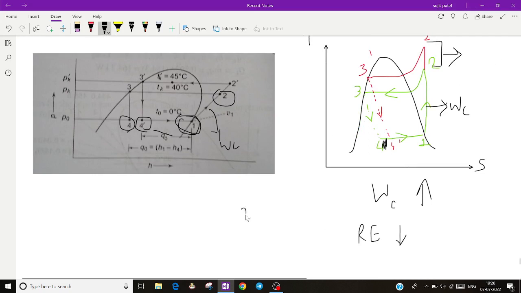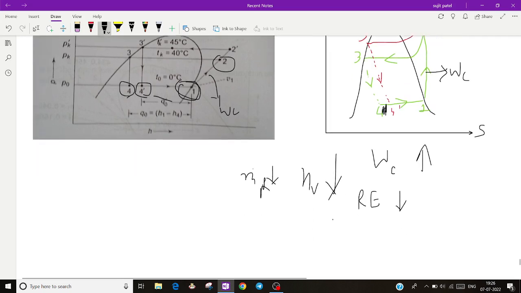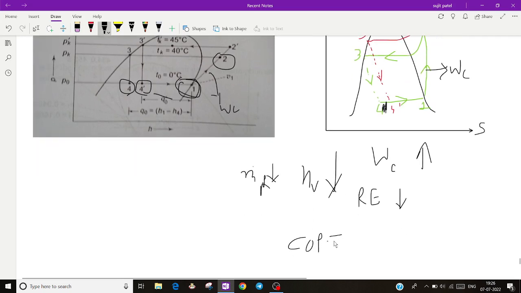So the mass flow rate of the refrigerant will reduce, and ultimately volumetric efficiency will decrease. And we know the COP formula: refrigeration effect upon compressor work. The refrigeration effect is decreasing and compressor work is increasing, so ultimately COP will be reduced.